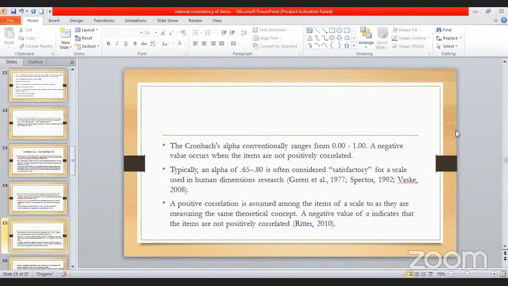So this is very important: 0.65 to 0.80 is considered satisfactory. A positive correlation is assumed if the scale is measuring the same theoretical concept. But a negative value indicates that the items are not at all positively correlated. Is it clear?